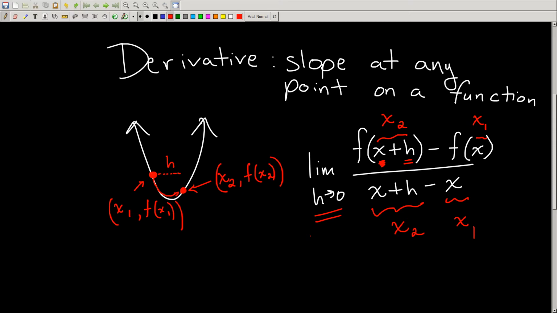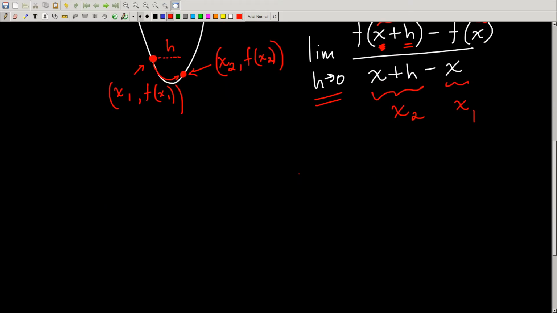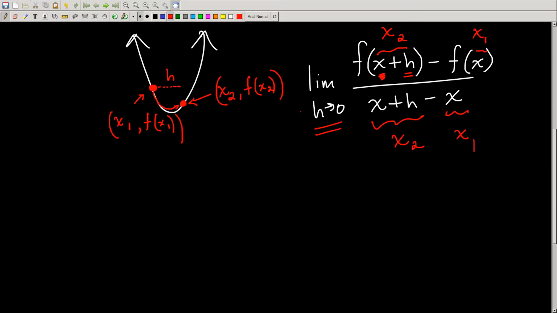So if you were to calculate the slope of that line, it would eventually become, as h approaches 0, the slope of the tangent, which is the derivative. That's the whole point of doing this calculation. If I perform this calculation right here, I'm actually getting the derivative.